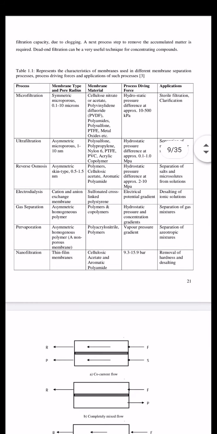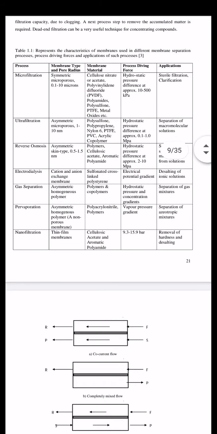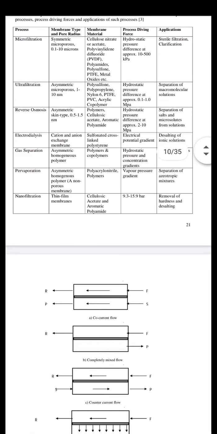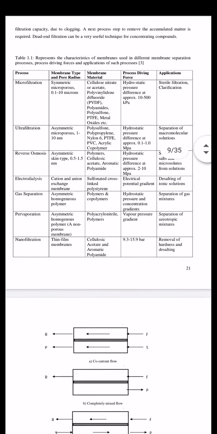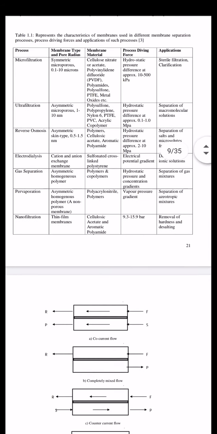Now let us move towards the material used for the membrane. As far as ultrafiltration is concerned, polysulfone, polypropylene, nylon 6, PTFE, PVC, acrylic, and copolymers are widely used for the preparation of membrane.